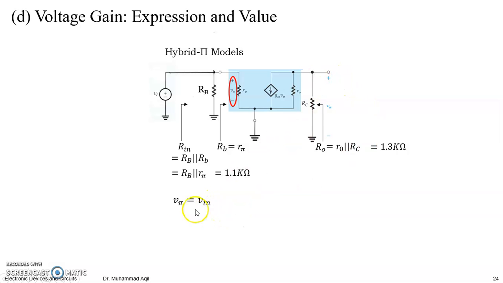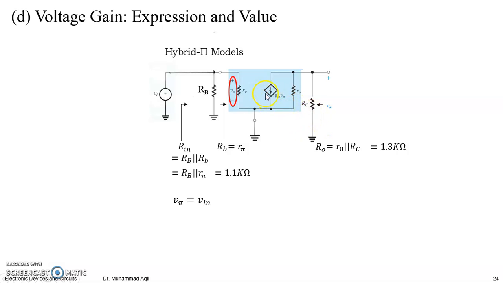How about V out? Now whatever V in you apply, it would be your V pi, and your Q point has already given you the value of Gm. Then that V pi multiplied by Gm is your current, right? Then how about output voltage? I'm interested in finding the value of output voltage. So your output voltage would be equal to this current multiplied by the resistances it is passing by, right?